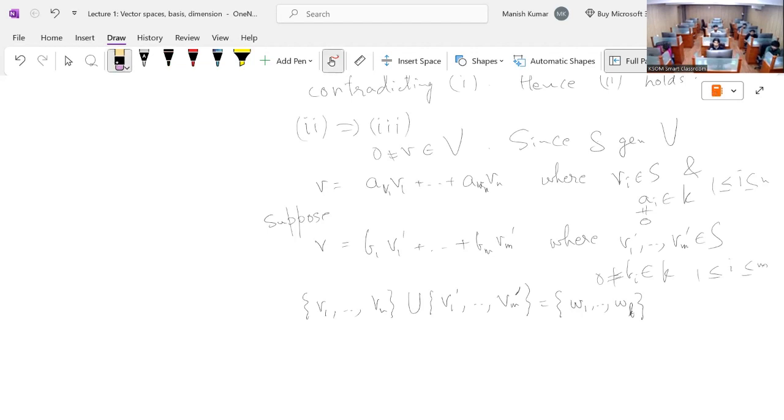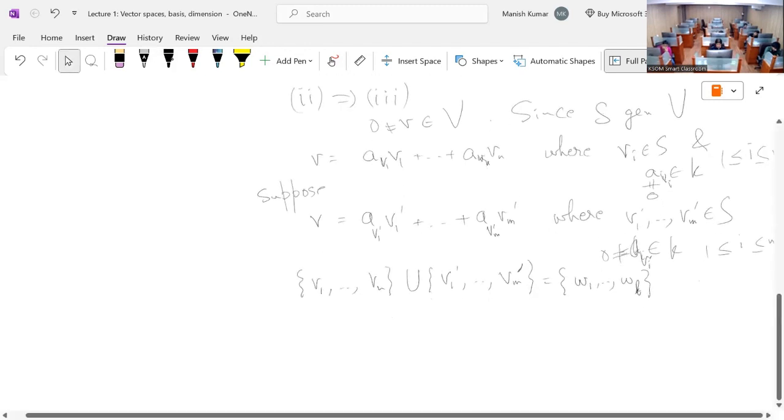And this also, maybe I'll change it a bit so that it becomes easier to write: b_v1 prime to b_vm prime. It's just the coefficient of the vector involved, so that in the next line it will be easier for me to write down. So a_vi is in K, and similarly b_vi prime. It's just the coefficient of the vector in the expression for v.